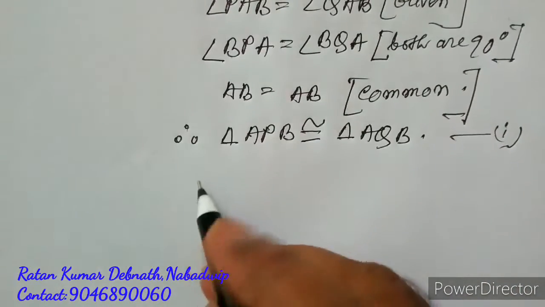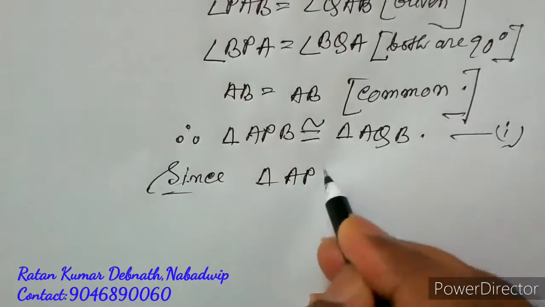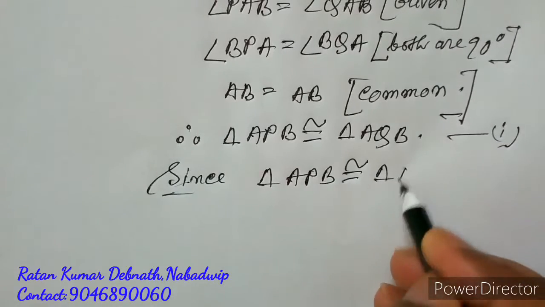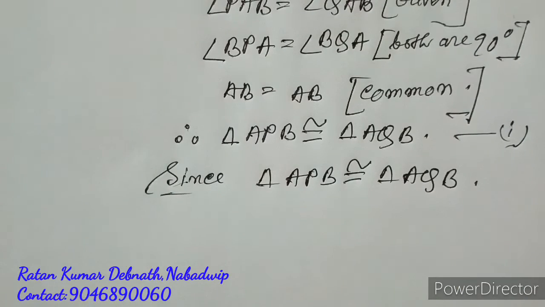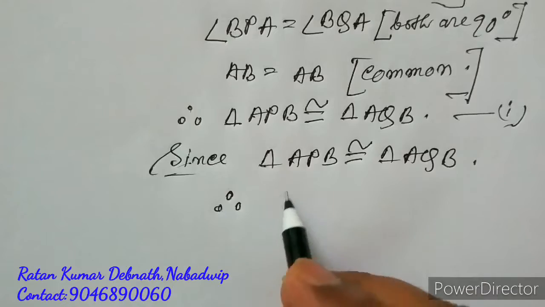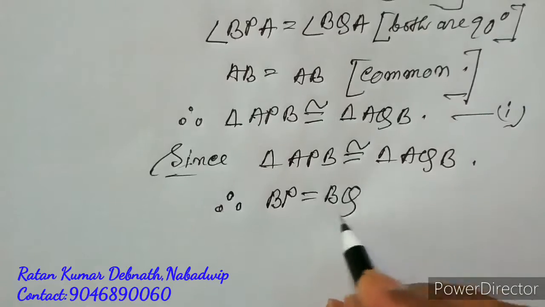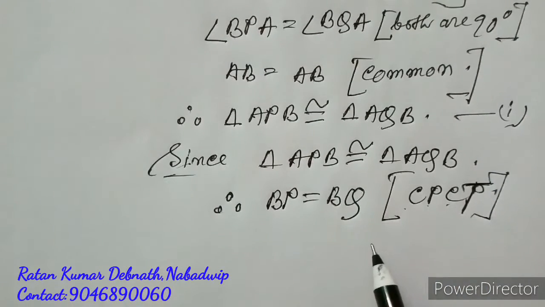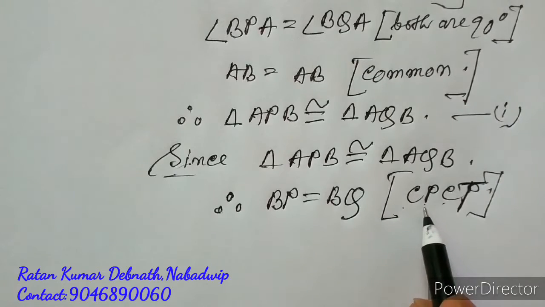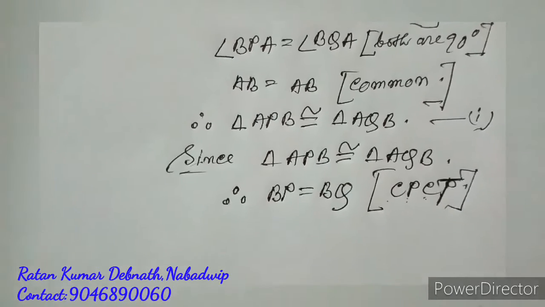This is very simple. Since triangle APB congruent to triangle AQB, we already proved these two triangles are congruent. Therefore BP and BQ must be equal because they are corresponding parts of congruent triangles. So question number 5 completed.